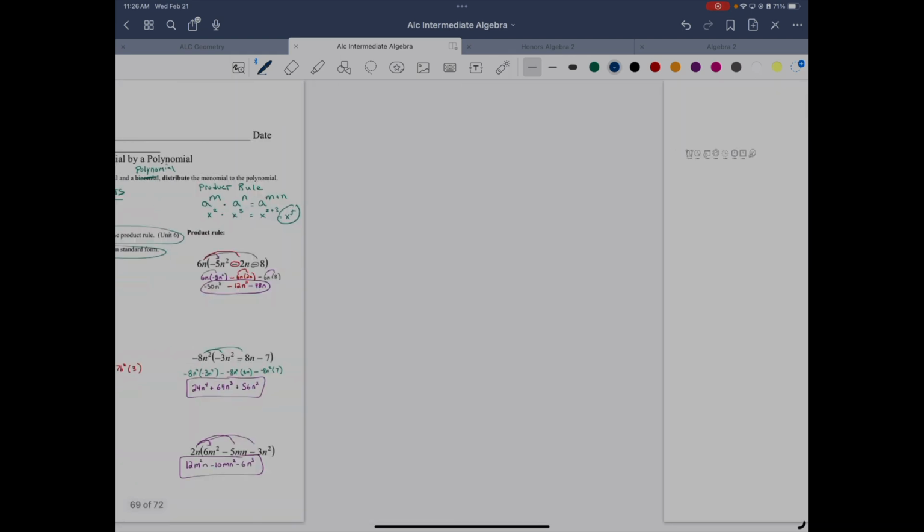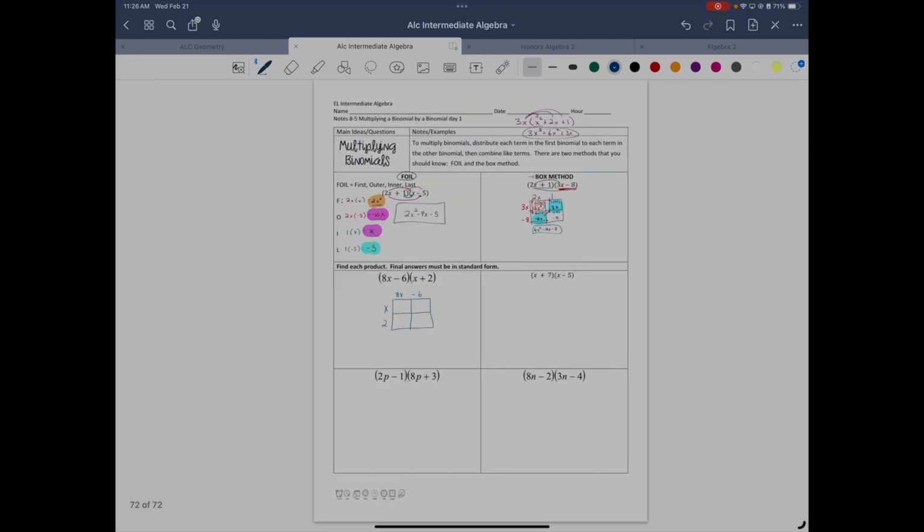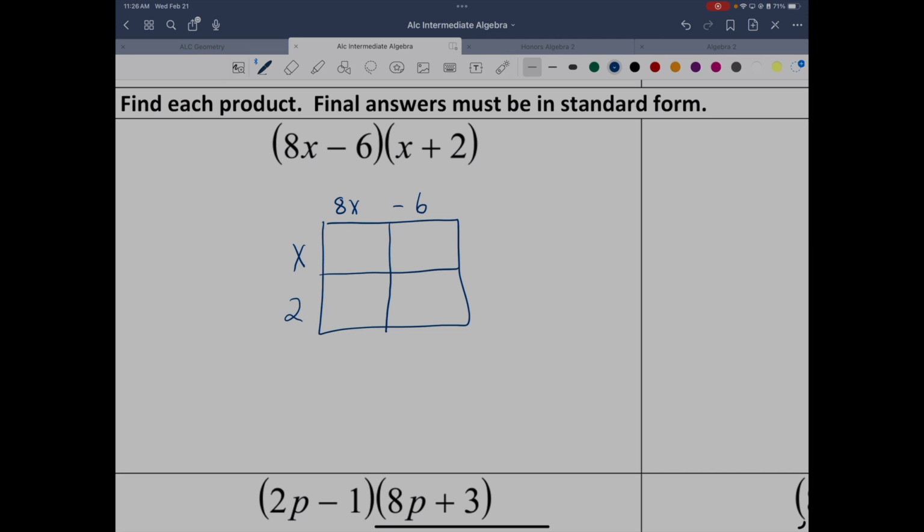Where'd it go? There it is. Okay. So I drop the 8x down. I bring the x over.